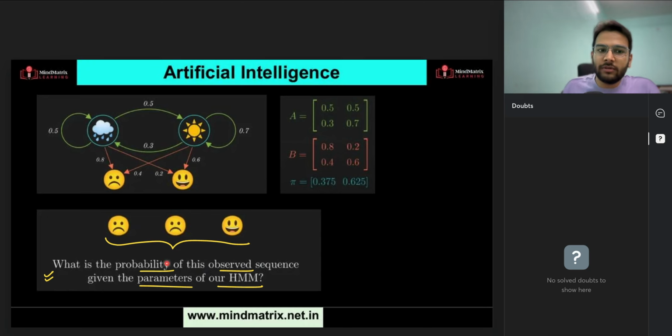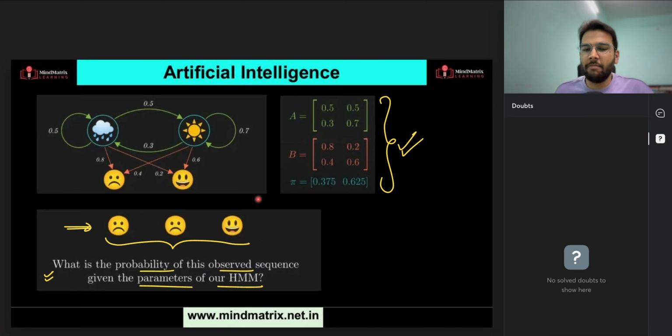What is the probability of this particular observed sequence? That means on first day Tom is sad, on second day also Tom is sad, on third day Tom is happy. What is the probability of this particular sequence? Now we have the input parameters, that means this A, B and your pi. Understood? So how can we do that?